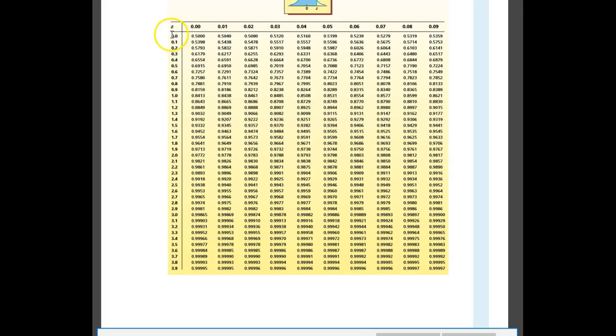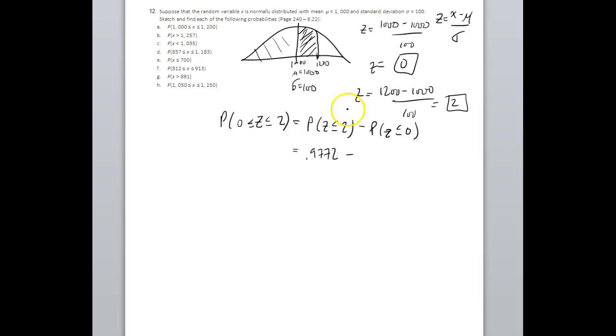We look right here, z equals 0, and not surprisingly it's exactly 50%, 0.5000. That makes sense, because a z-score of 0 implies we're right on the mean, and 50% of the probability lies on one side and 50% on the other. So we do the math here, and this 0.4772 is the probability that we are in this region right here.